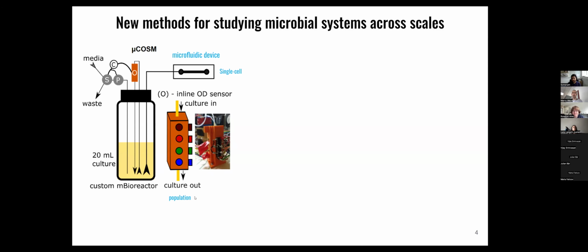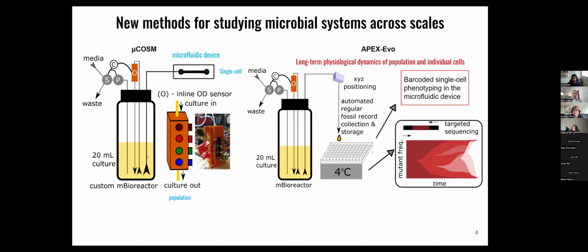We can use the same bioreactor, with these inline density sensors, to implement feedback control to maintain the culture at a particular density, and then we can use it to run evolution experiments. We have engineered a fossil record collection system where a 3D positioning system continuously places samples in 96-well plates that are maintained at 4 degrees using a culture cooler.